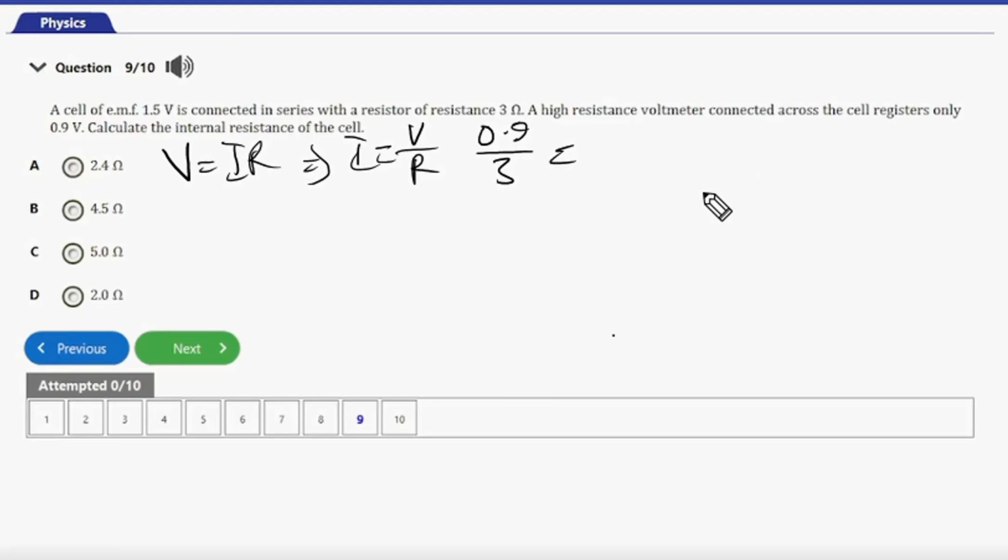So when we divide this, we'll have 0.3. So this is 0.3 amps. So now that we've gotten this, the E, like we already know, is this.